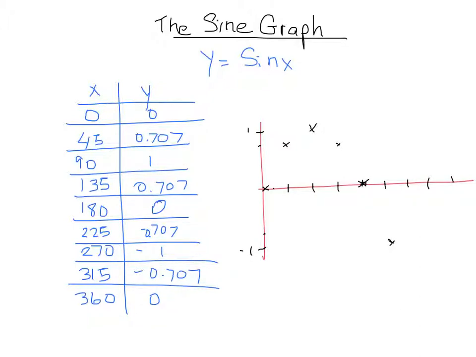I'm sorry there are no numbers on my graph, it would just take a bit long to get those numbers in here. Alright, so our graph is going to end up doing something like this. It cycles up, it goes down, it goes back. And so that's what the graph of y equals sine x looks like.